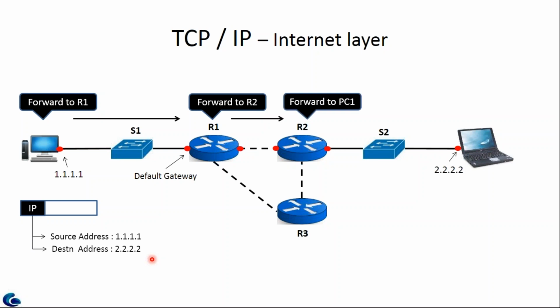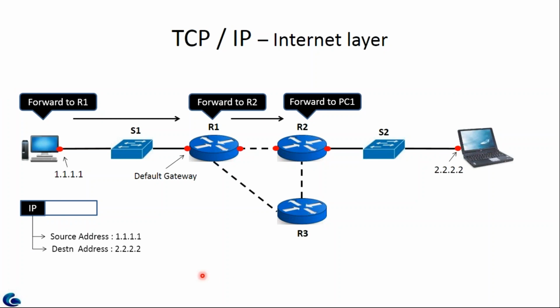Then R2 does a similar job. It says, okay, this is on the other end of my router network. So this belongs to this particular PC, which is in this network. So it forwards to the PC. So if you remember my post office example, this is the source, this is hop number 1, this is hop number 2, and this is the final hop.